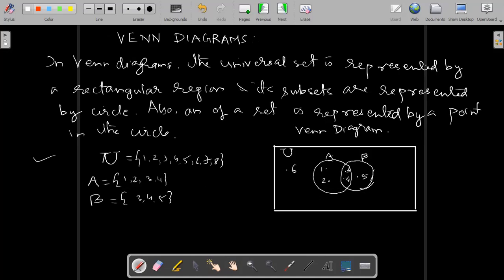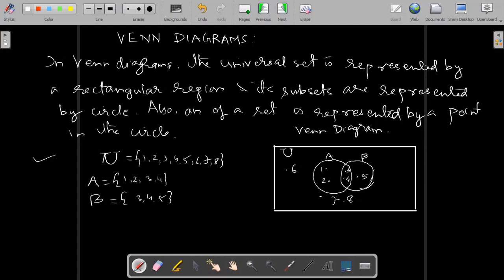We can write 6, 7, and 8 anywhere outside these because they belong to the universal set. But sometimes it is difficult to represent the points. Here we have a finite number of points. If infinite, we do not need to represent outside elements or inside elements if there are many elements.